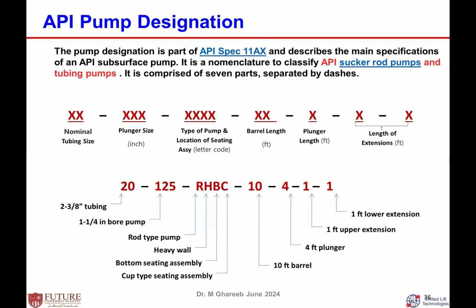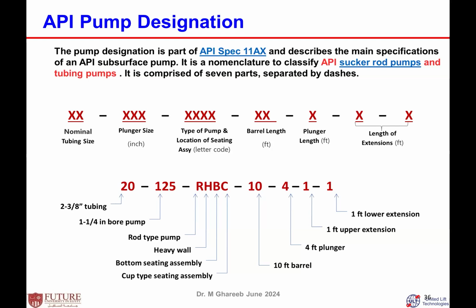API gives us descriptions: if the tubing is 2-7/8, I use this number; if 3.5, I use that number. Usually we use the nominal inside diameter of the tubing. The next three numbers are the plunger size, the pump size. What is the pump size?